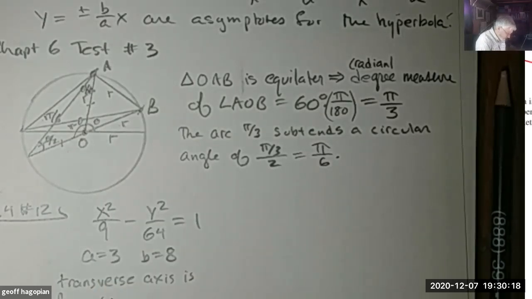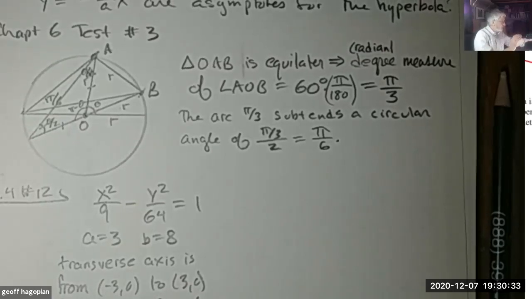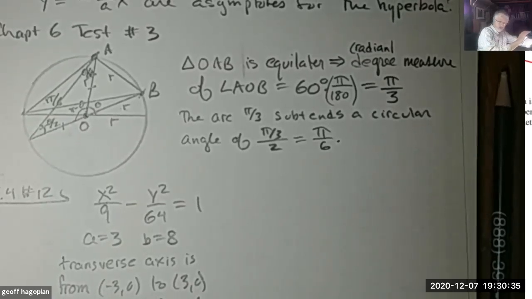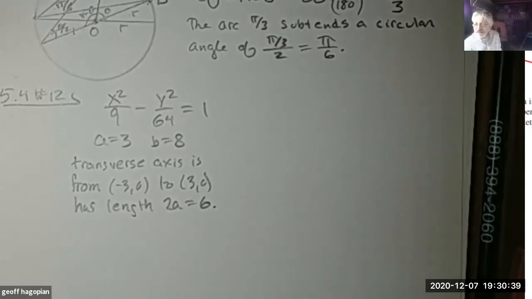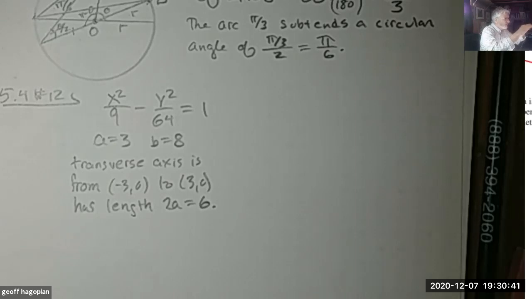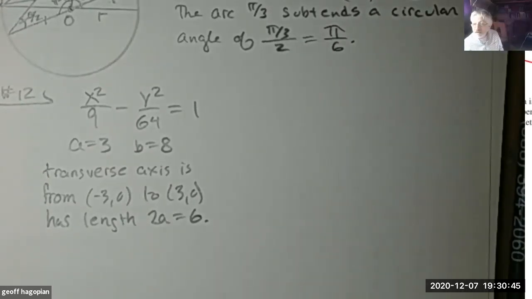So it's from -3, 0 to 3, 0, and has length 6, which is twice a. Whoops, I guess I need to tilt it back when this happens. All right. And it would help to zoom in a little bit here. Okay.